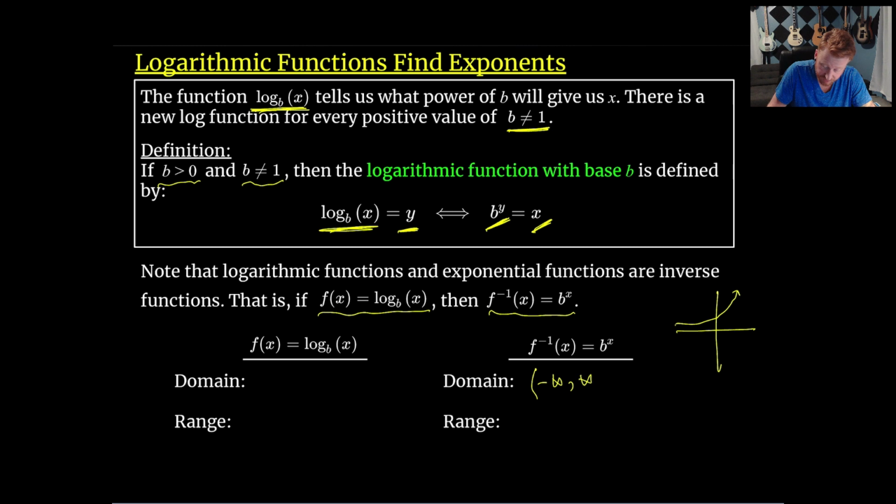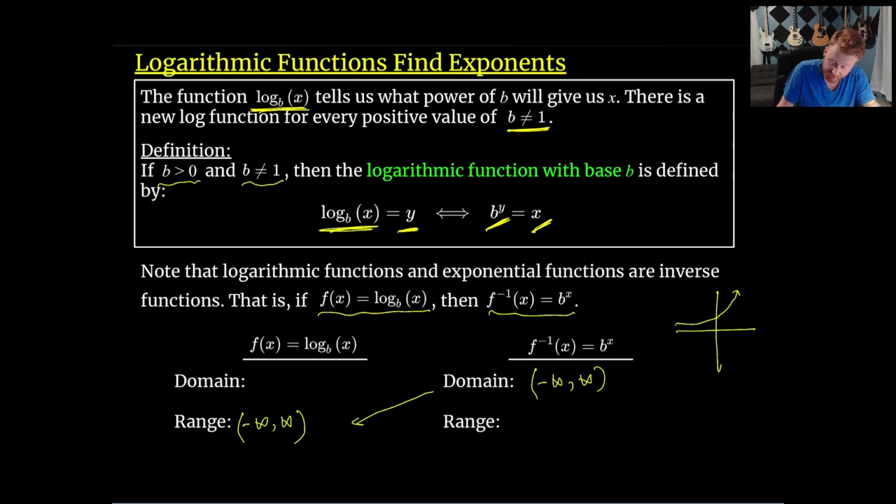So from negative infinity to positive infinity, there's the domain of the exponential function. And remember that the domain of one function is the range of its inverse. So what I'm saying is we can send this domain and make that the range of its inverse, which is the log base b.